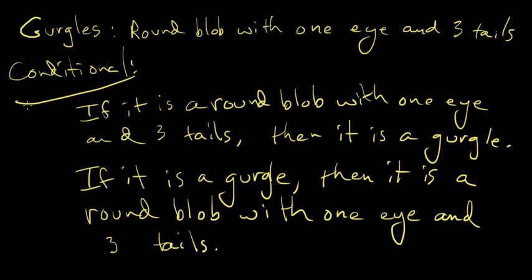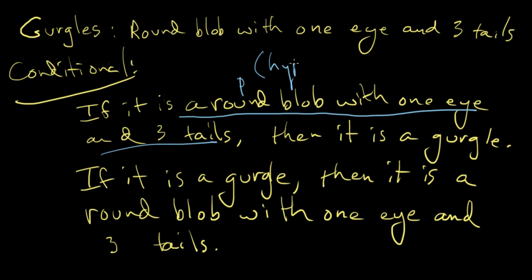Now let's identify these parts. A round blob with one eye and three tails, that is the P, the hypothesis. And by the way, don't ask me why it's P and not H. I don't know. I didn't make up these rules.